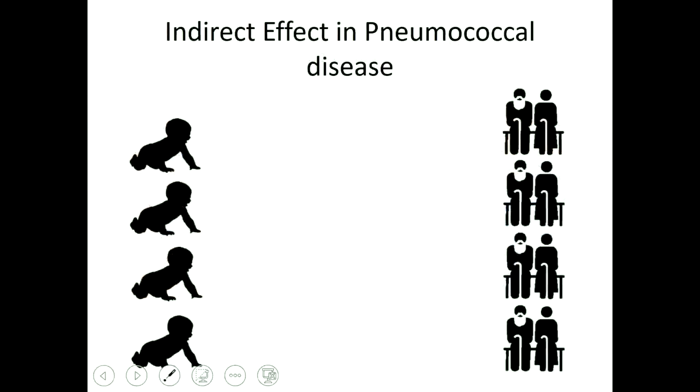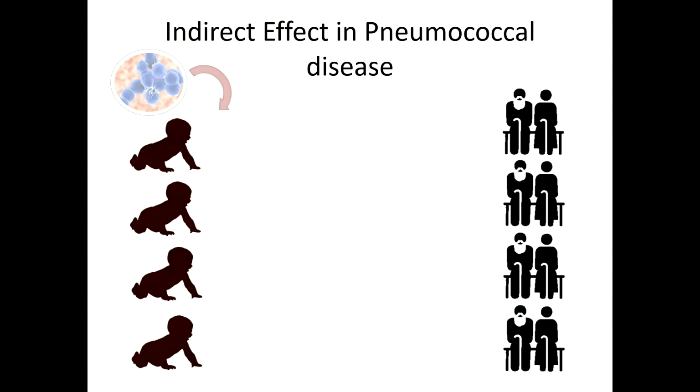For example, it is known that infants are the main affected population by Streptococcus pneumoniae, the bacteria that causes pneumococcal disease, making them the main source of its transmission. On the other hand, elderly are also very susceptible to this disease, meaning they are a high-risk population. When infants are infected, they can transmit the disease to the elderly.